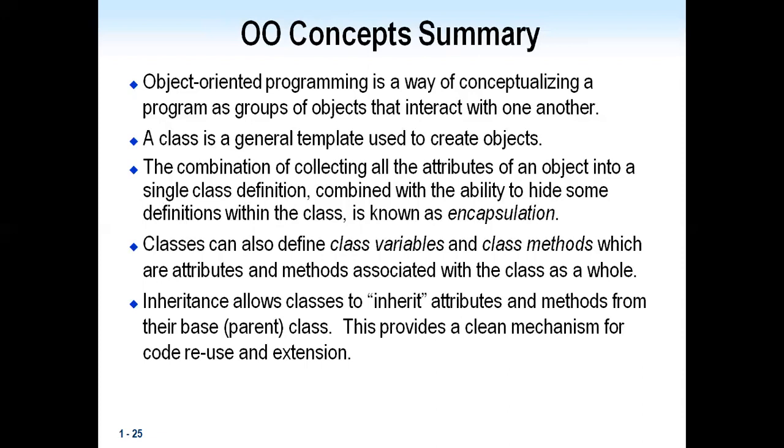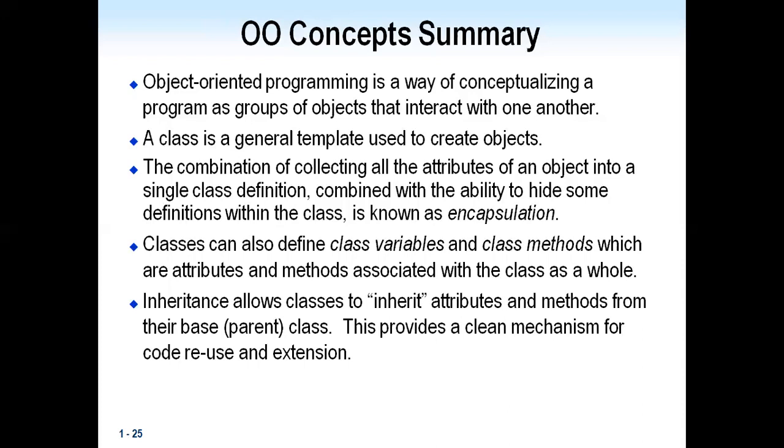Next one, a class can have some class variables and class methods, which are the attributes and methods associated with the class as a whole. Next, inheritance. Inheritance allows classes to inherit the attributes and methods from the base class, that is the parent class. This provides a clean mechanism for code reuse and extension.